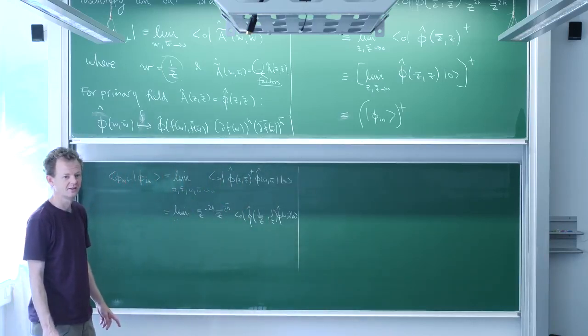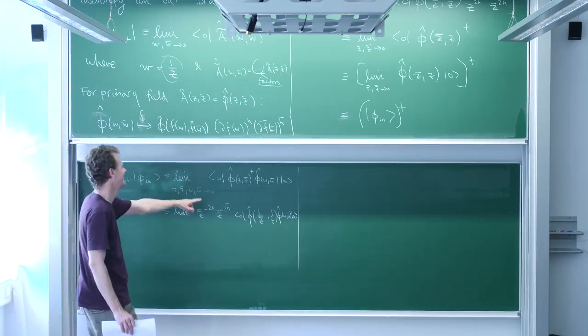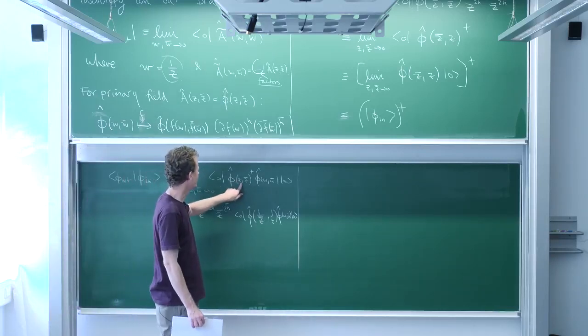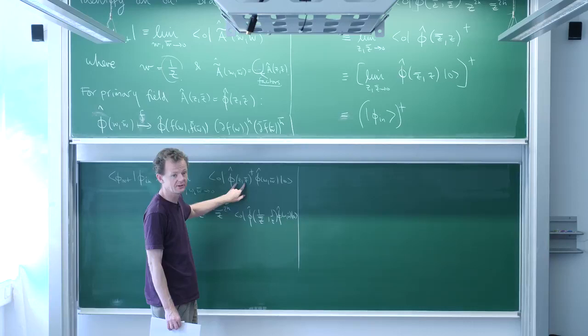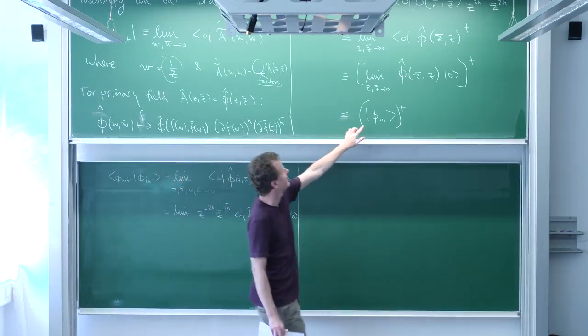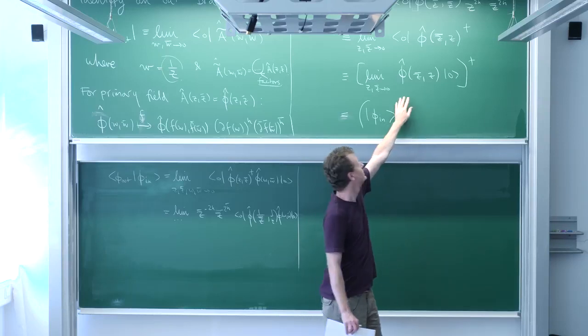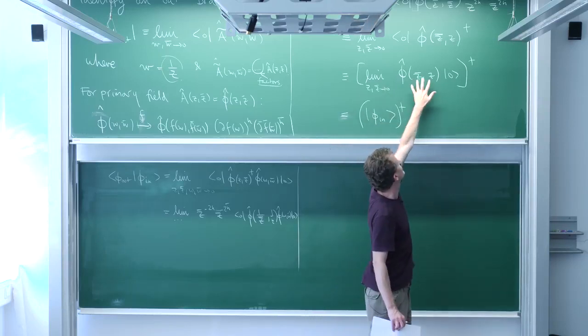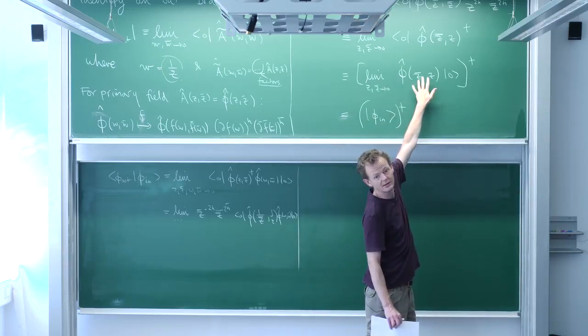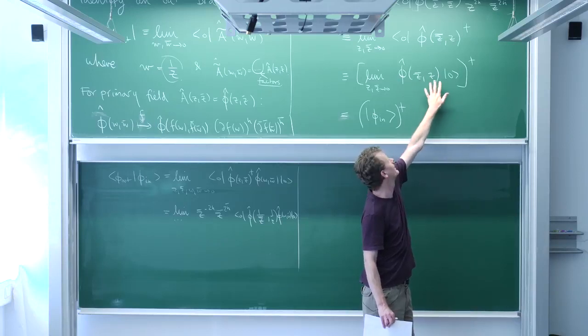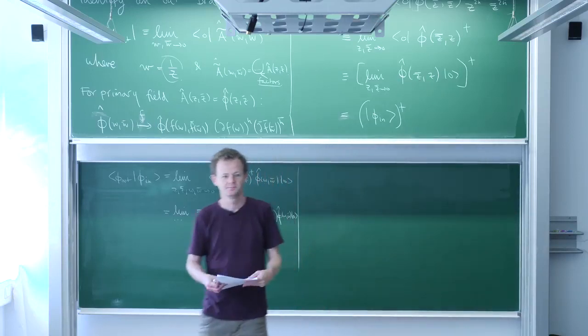Shouldn't the bar be on... No, it shouldn't be. No, we've got it, so the bar is here. This is perfectly fine because phi in is the result of sending z and z bar to 0. And so that's the same whether we send z bar in that argument to 0 or put it in that argument and send it to 0.